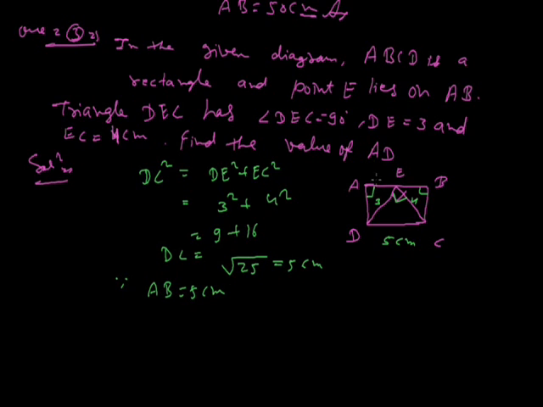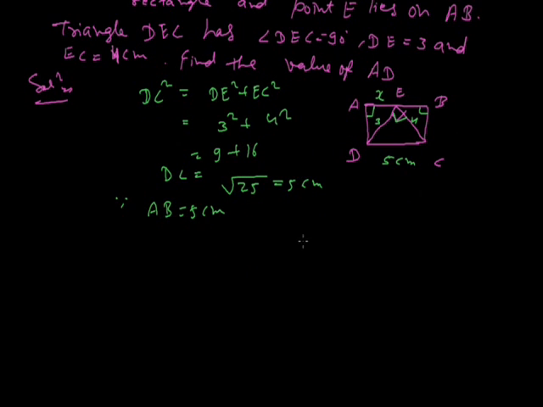Now we are going to assume that the length of AE is X centimeters. So let AE be equal to X centimeters. So that's why EB will become 5 minus X centimeters.